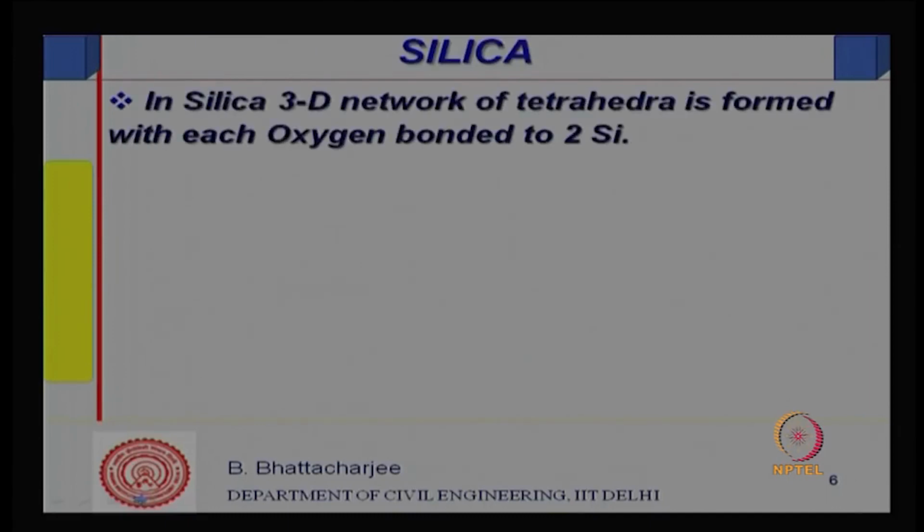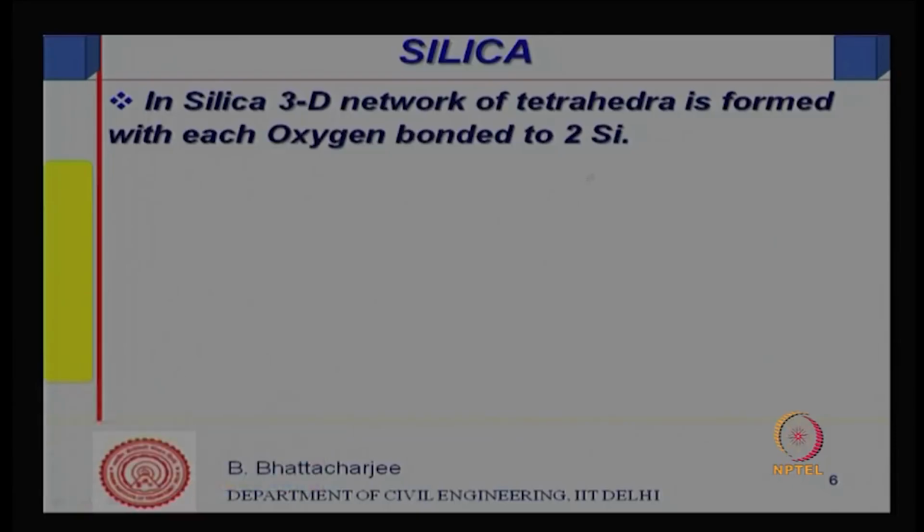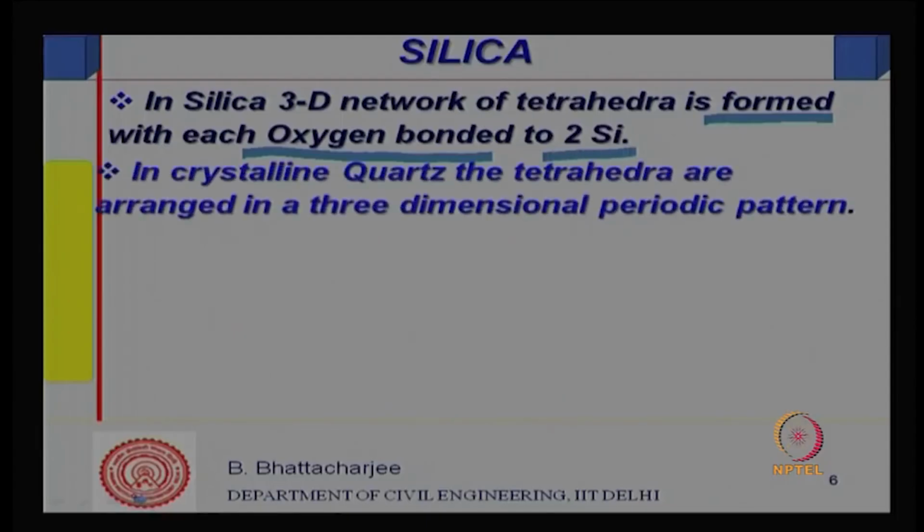So, in silica it is a 3D network of tetrahedra formed with oxygen bonded to 2 Si. So, this is the SiO2 structure or silica structure. Crystalline quartz is one of the silicas, one of the most stable.